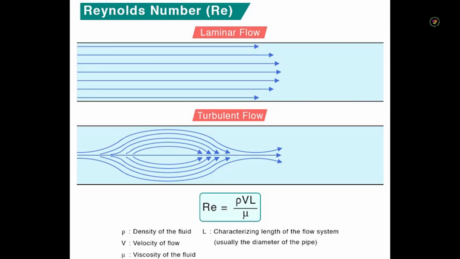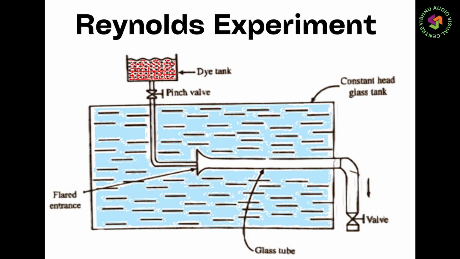In the first part, in the pipe flow, we have four major topics. The major topics are: what are the losses? Just before losses, Reynolds experiment. That is the first question: Reynolds experiment and classification of flow based on Reynolds number.